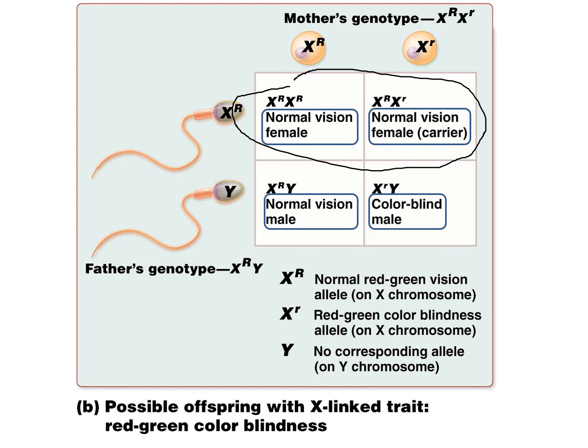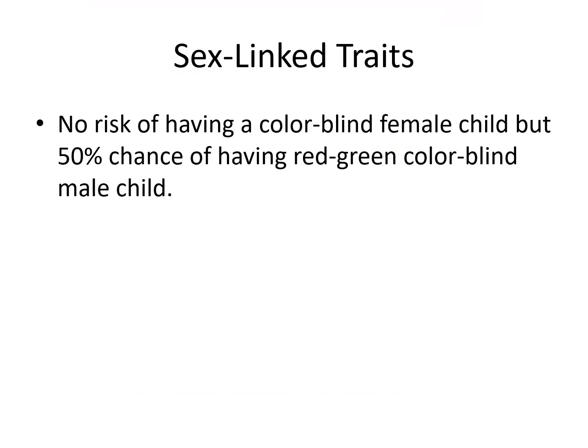However, if they're just thinking about their children in general, they will have 75% chance of having a child with normal vision and only 25% chance of a colorblind child. Okay, does that make sense? When you think about this, it should come clear after a while. So in other words, they have no risk of having a colorblind female, but a 50% chance of having a red-green colorblind male child.